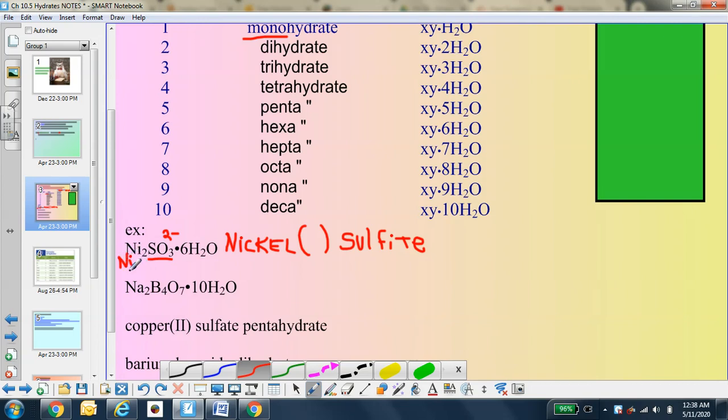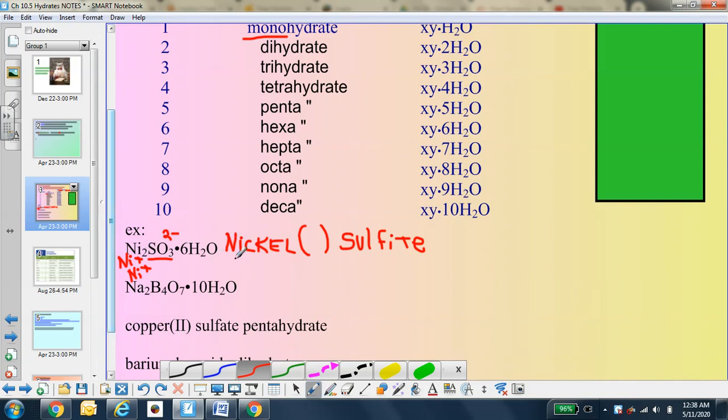What does the charge on each of those nickels have to be in order to cancel out this -2 charge? I hope you said +1, because remember, ionic compounds have an overall charge of 0. The positive charges on the cations and the negative charges on the anions cancel each other out.